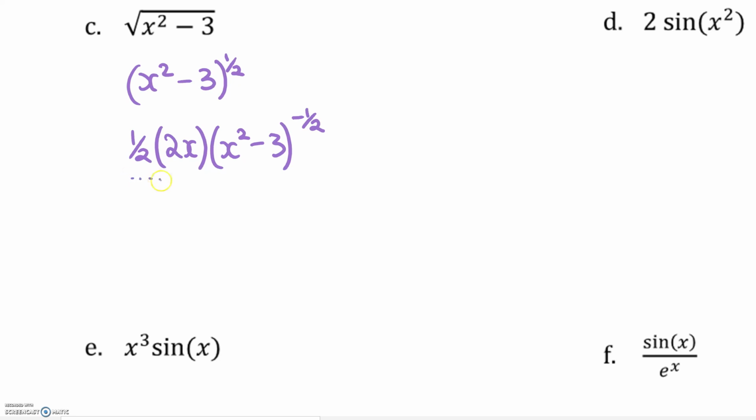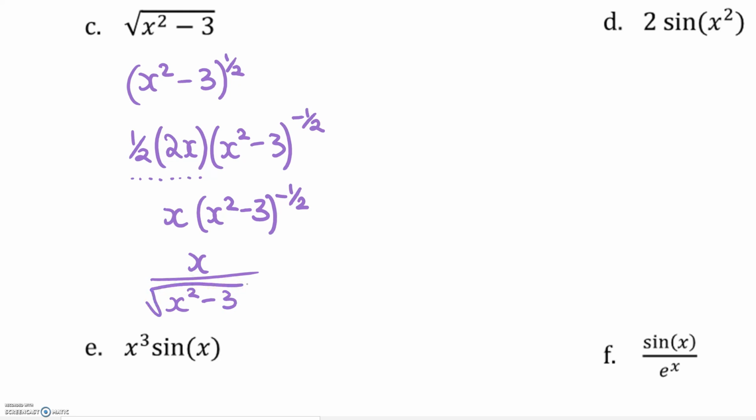The half times 2x, a lot of people struggling to cancel that thing down, which I really don't think should be happening at this point. And then this, we could leave it like this, but it would be neater to recognize that this was actually equivalent. There's negative a half. The negative pushes it down to the bottom of the fraction, and the half is a square root. So this is our ideal way of leaving this answer.